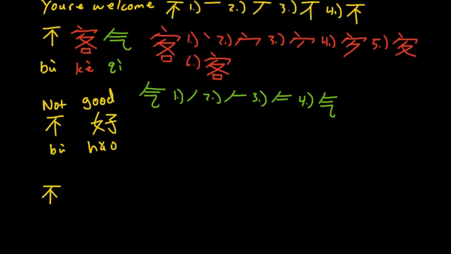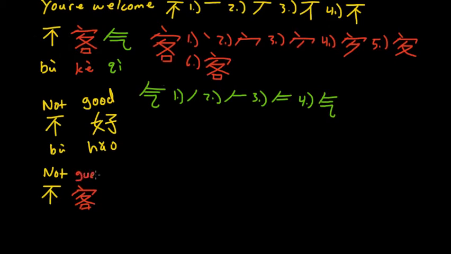Ke in red. Bu, like we know from here, means not. Ke usually means guest.